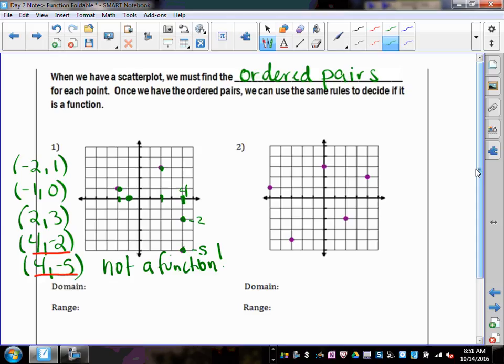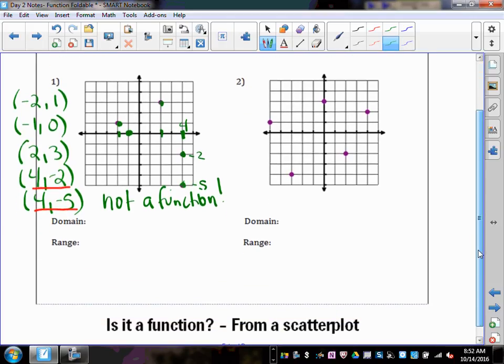This also, writing out the pairs, makes it a little bit easier for writing out your domain and range. Alright, so my domain then would be negative 2, negative 1, 2, and 4. And my range, good, negative 2.